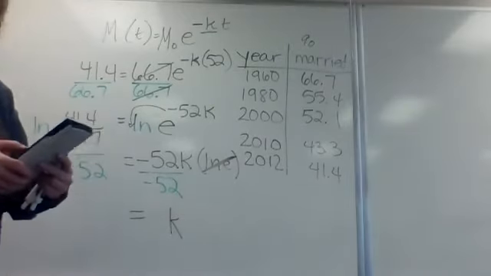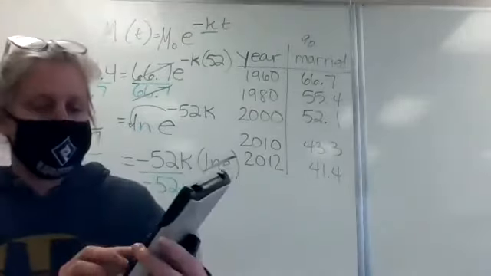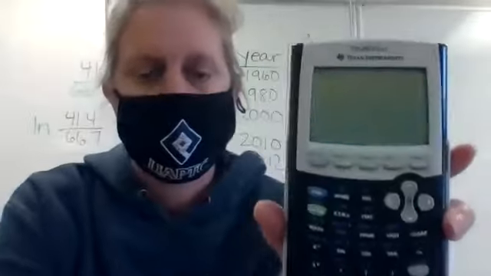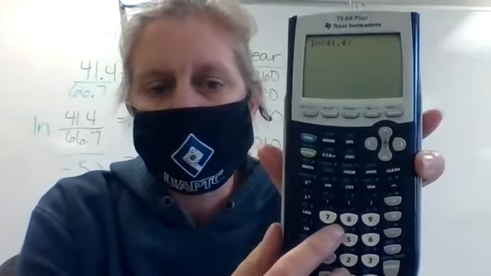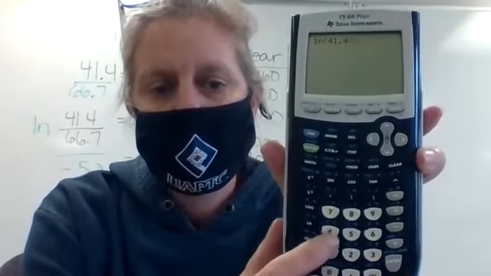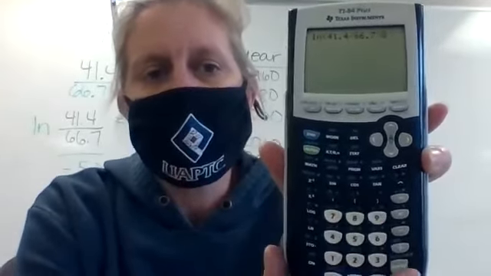So once I do this, I'll know what the K is. So in your calculator, let's see, I'll have ln of 41.4. Divided by 66.7. Now, I'm going to close that and go ahead and hit enter.